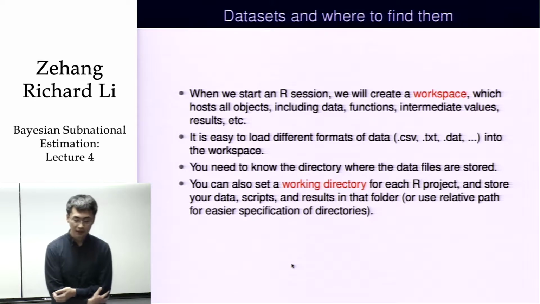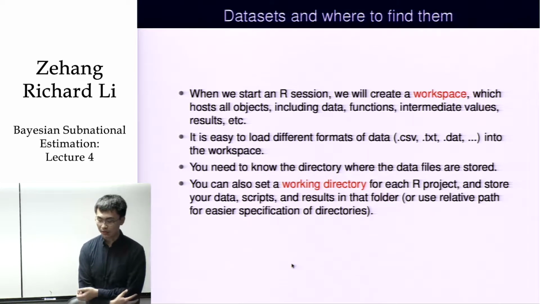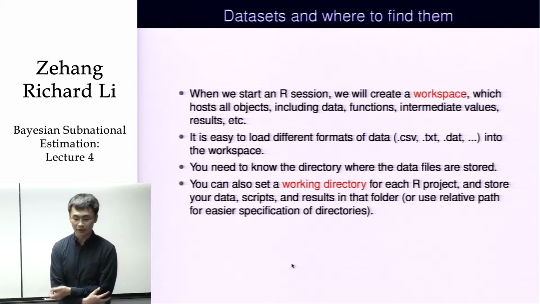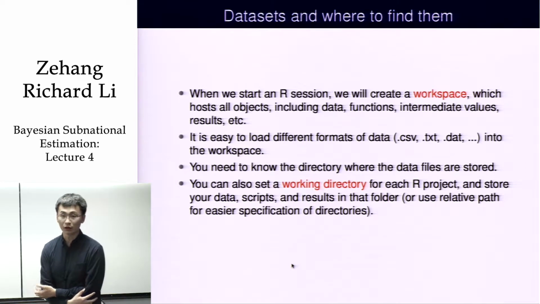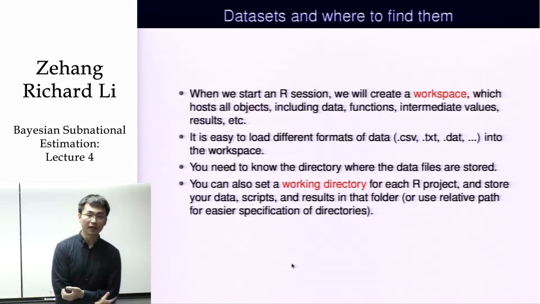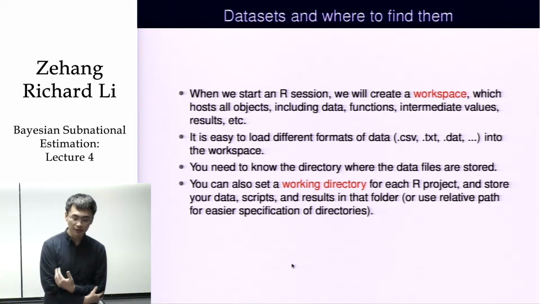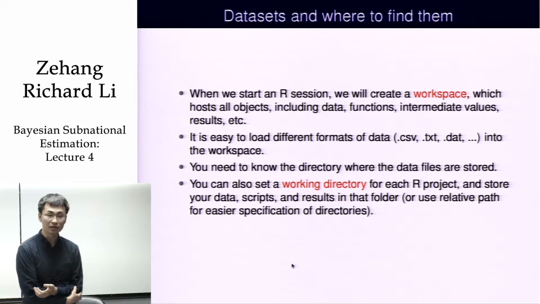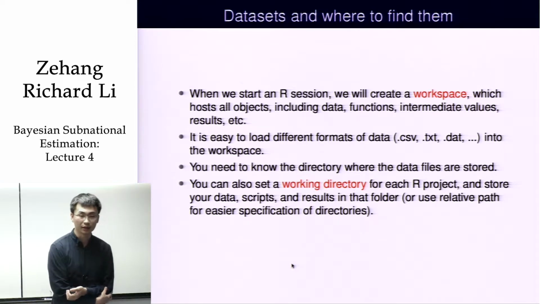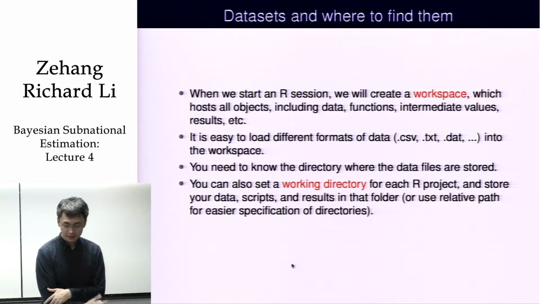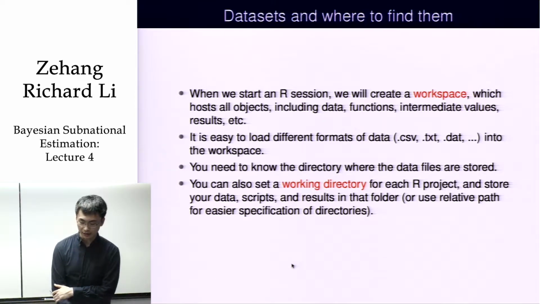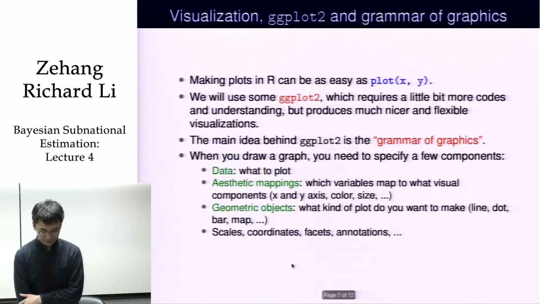And then from there, I can put in all the data, scripts, and also I'll save the results in the same folder, so that whenever I need to load something, I'll specify the directory relative to my working directory. In that way, you can move the whole folder somewhere else, and you don't need to go in there and change all the directories in your codes. And we'll see what it looks like in a couple of minutes.